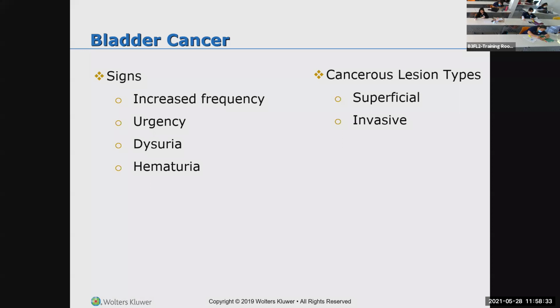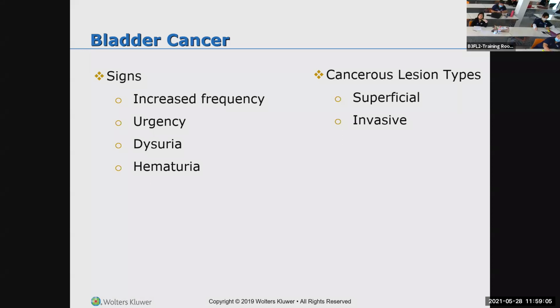So whenever there is hematuria, a patient with hematuria for a couple of weeks who was fine before, the doctor should visualize the urethra and the urinary bladder. During cystoscopy, if they see any lesion in the bladder wall, they need to take the tissue out and do the biopsy. If it is cancerous, remove it.